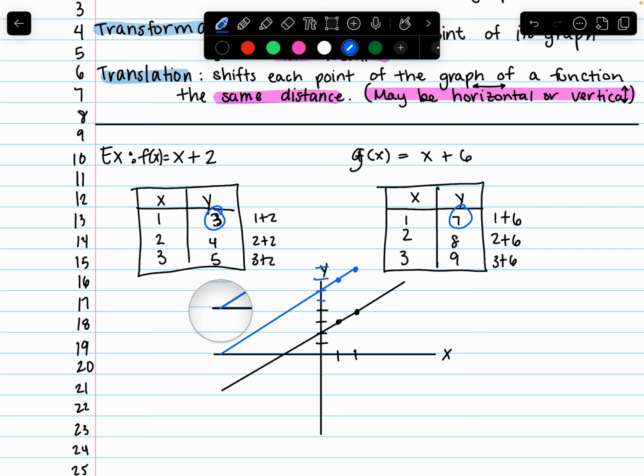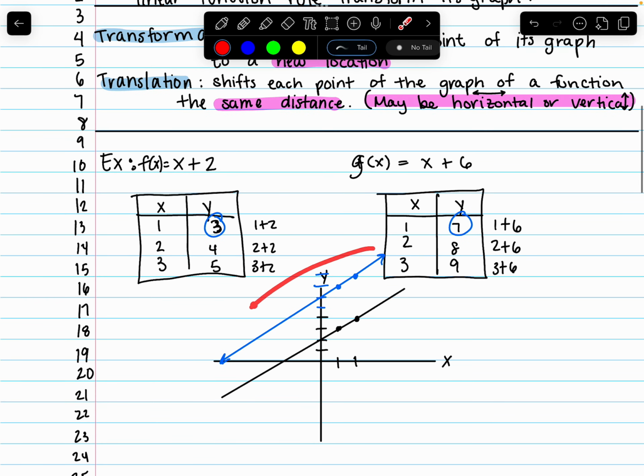What happened, right? What's my new, this is my translated function, right? So now what happened really is we shifted everything up, right? That's what translation means. We shifted everything up how many times?